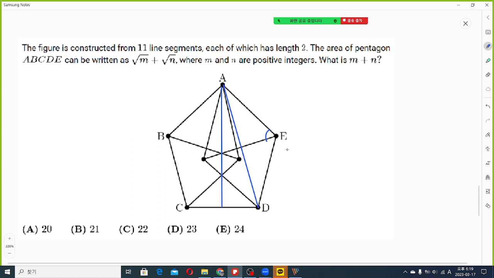What is the measure of this angle? This one is 60 because they are all equilateral triangles. This angle is 120 degrees because 2 times 60 is 120 degrees. Half of this is 60 degrees, and the side length is 2.